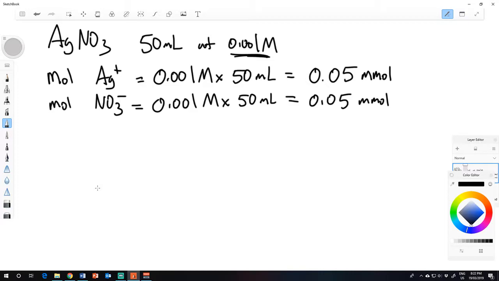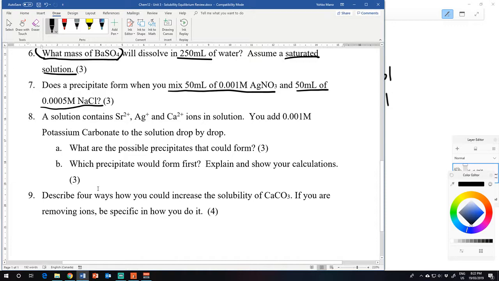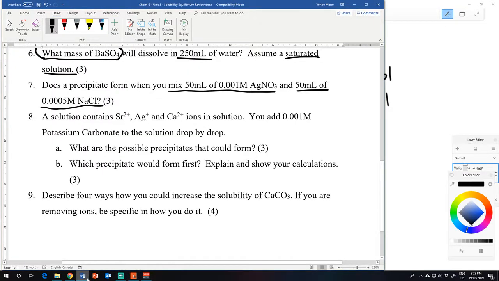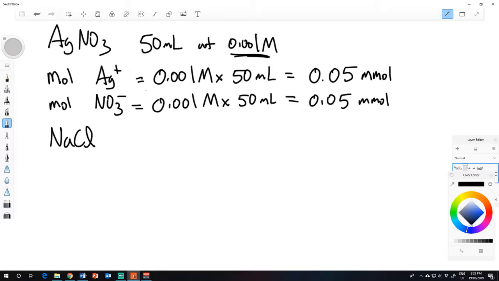Okay, so that's the first salt. Now we do the same thing for the second salt, sodium chloride. That's 50 milliliters at 0.0005 molar.